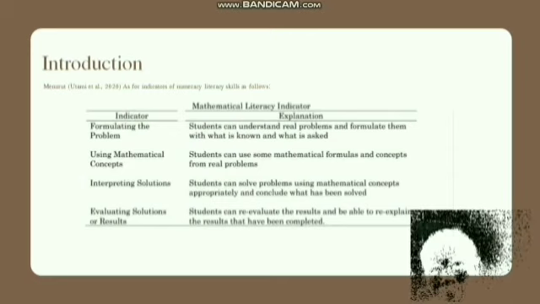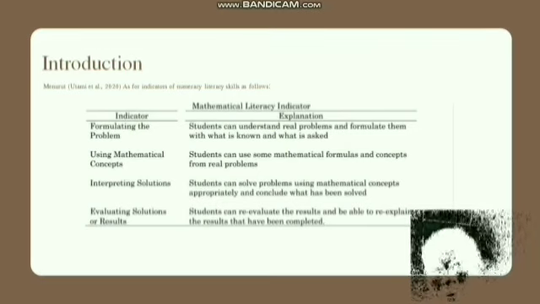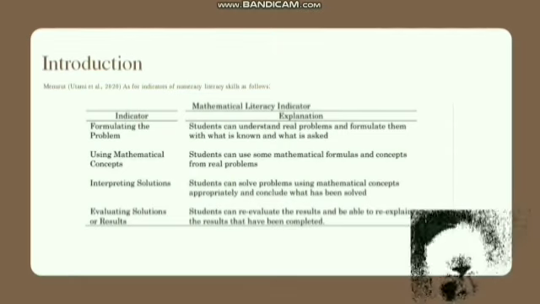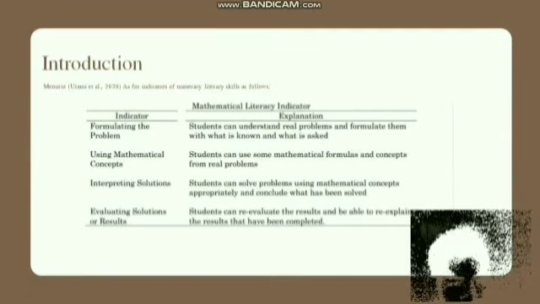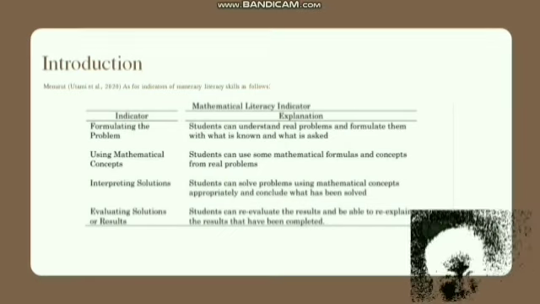The indicator of using mathematical computation explains that students can apply some mathematical formulas and compute from the real problem. The indicator of interpreting solutions explains that students can solve problems using mathematical concepts and conclude what has been solved.